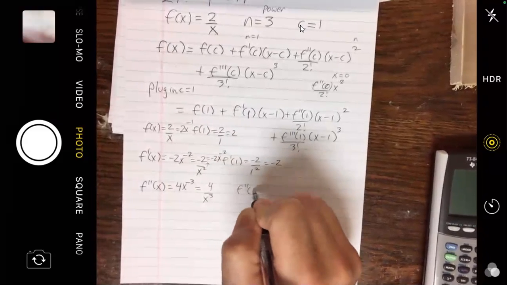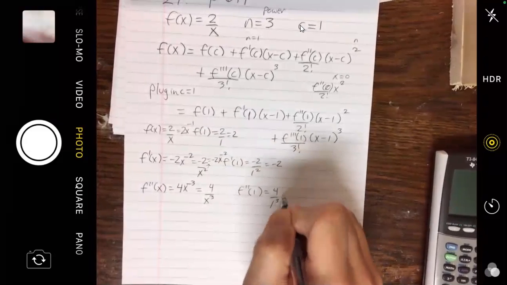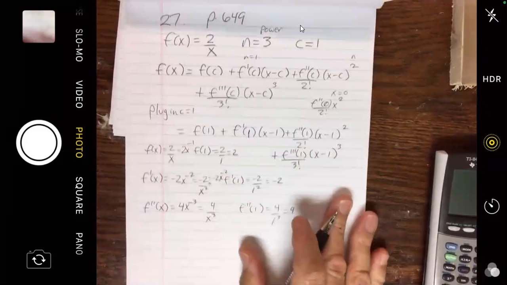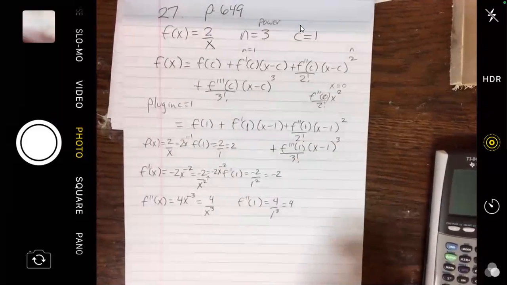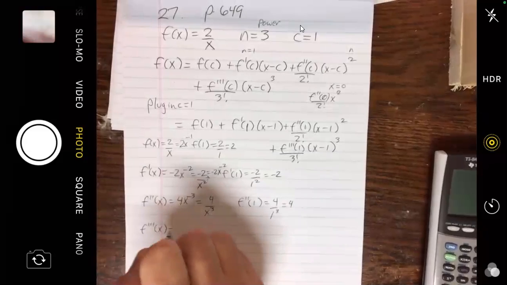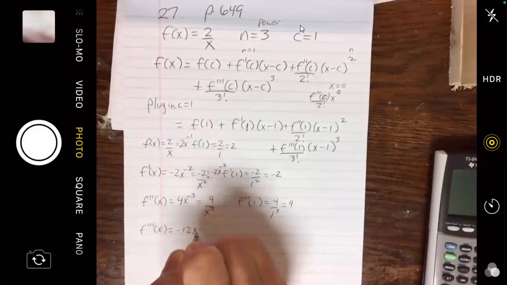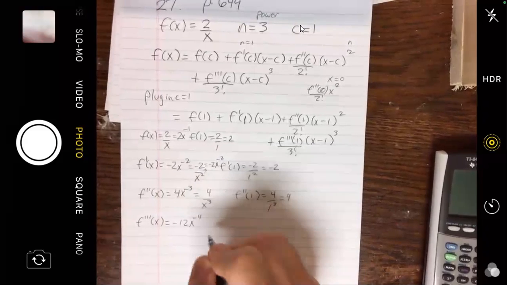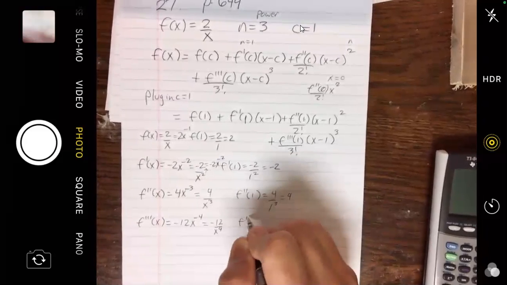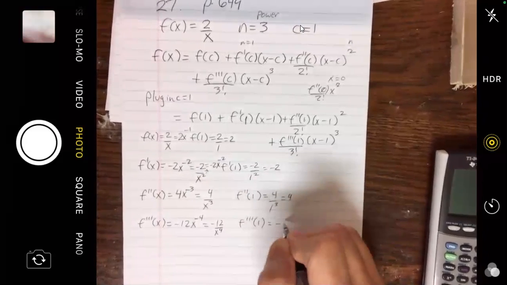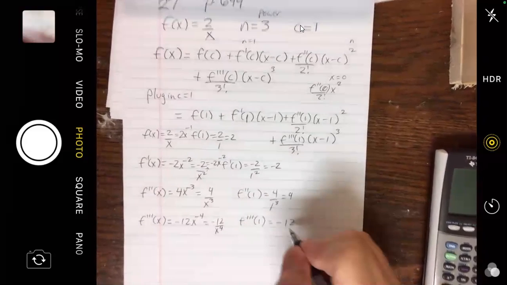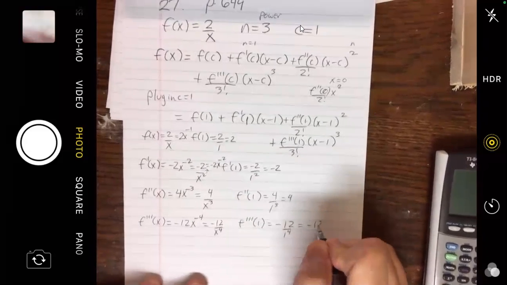F double prime of 1 is 4 over 1 cubed, which is 4. One more: f triple prime of x would be negative 12x to the negative 4, which is negative 12 over x to the 4th. So f triple prime of 1 is negative 12 over 1 to the 4th, which is negative 12.